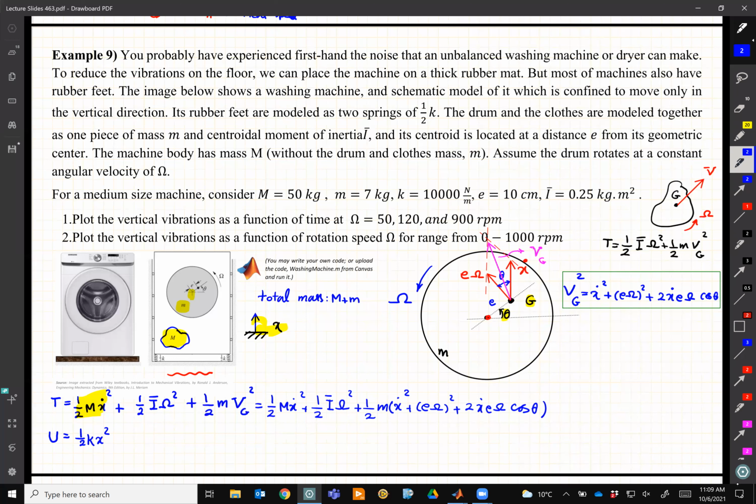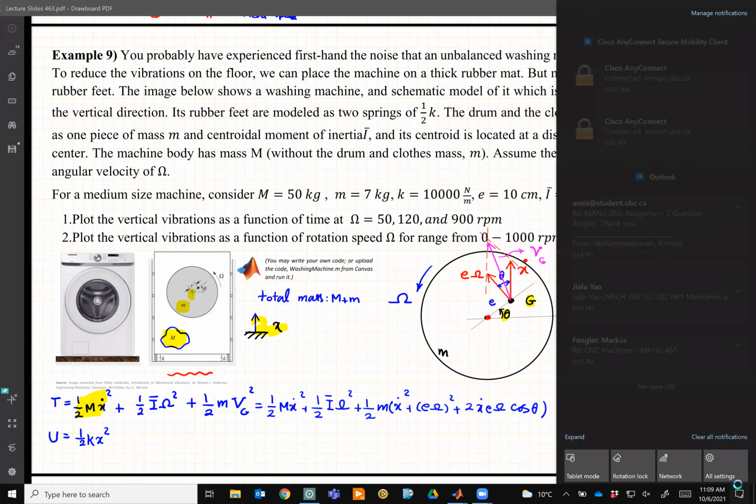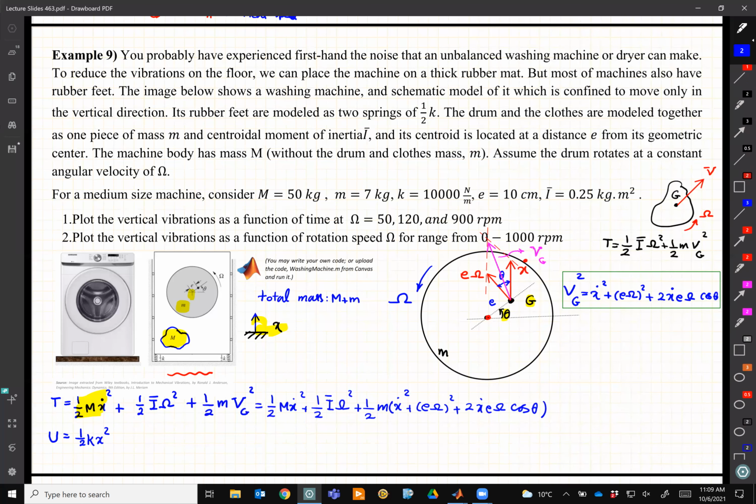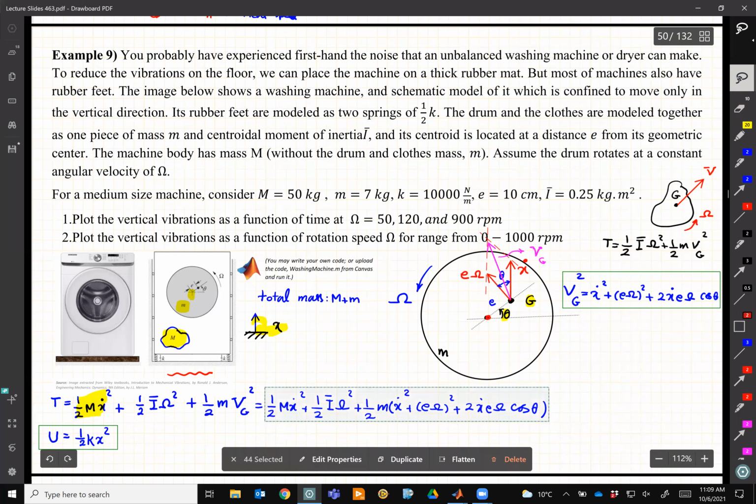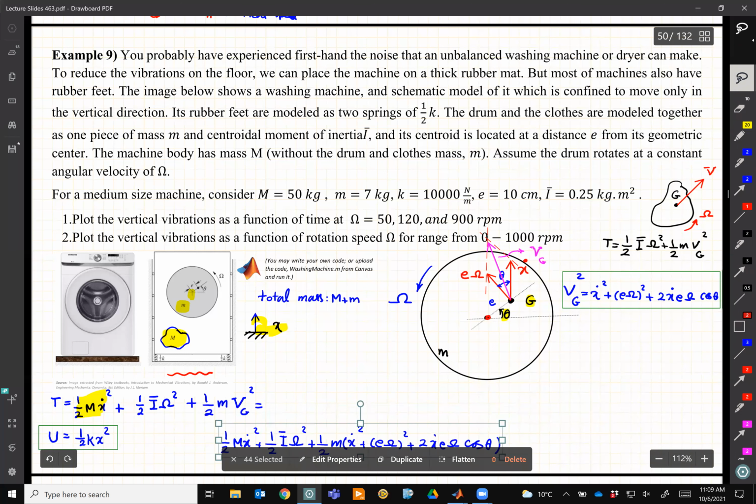Okay, so we have T and we have U. And we know that the rest is just taking derivatives, right? Let's remove those things down there.